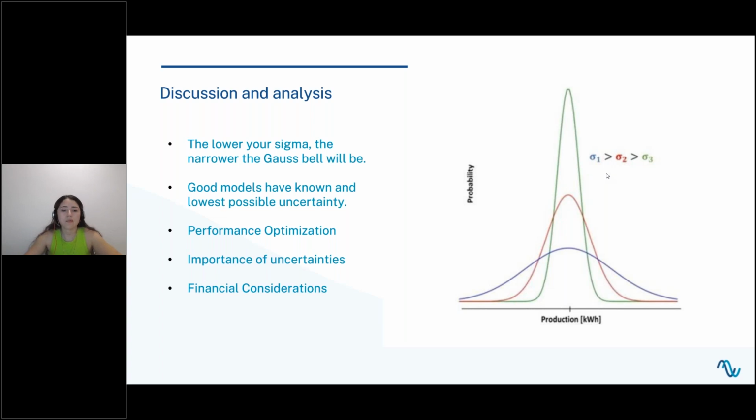So in the financial consideration, the energy yield uncertainty also has an implication on the project economics and financial viability. By incorporating uncertainty into the financial model, stakeholders can better assess the project economic feasibility and potential risks.